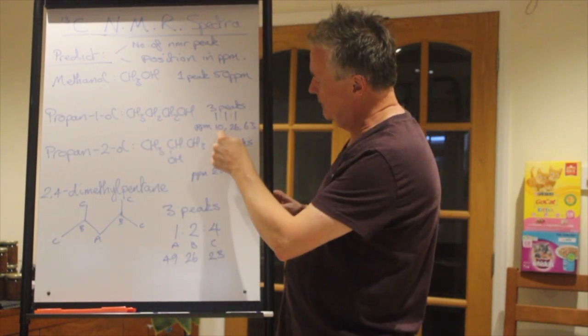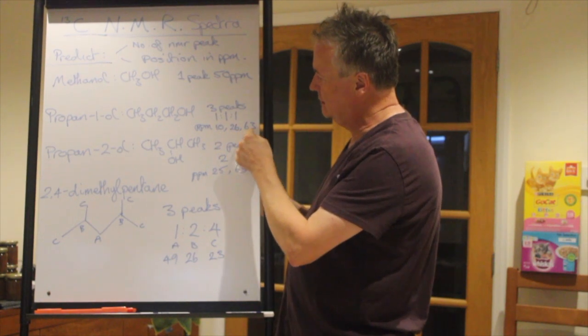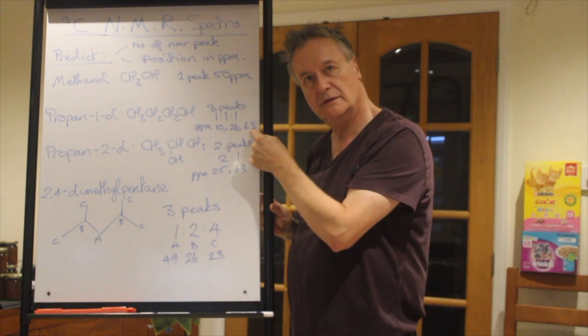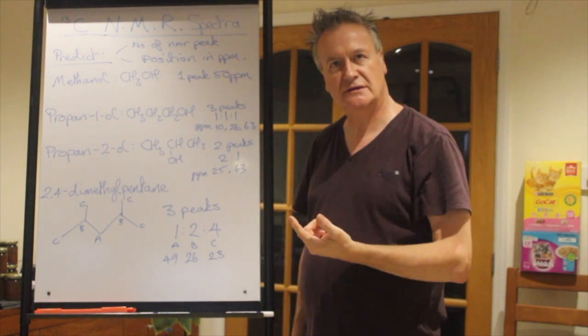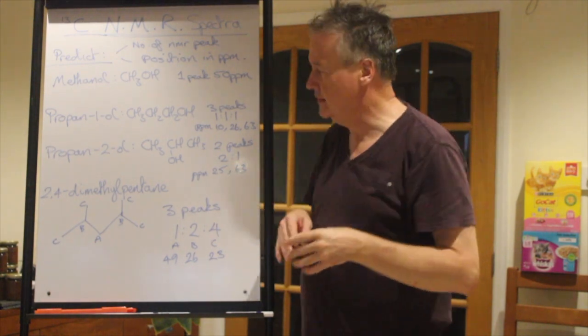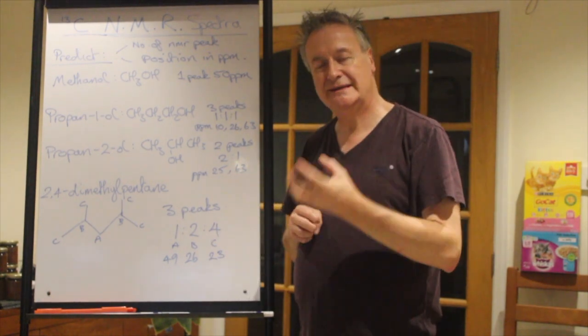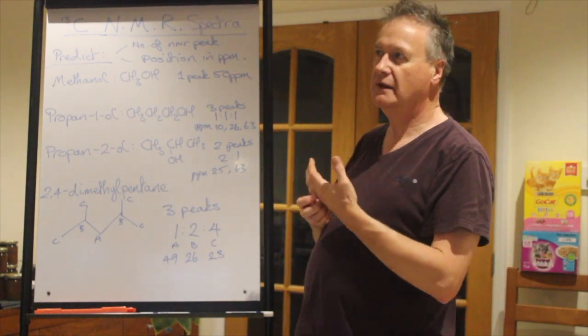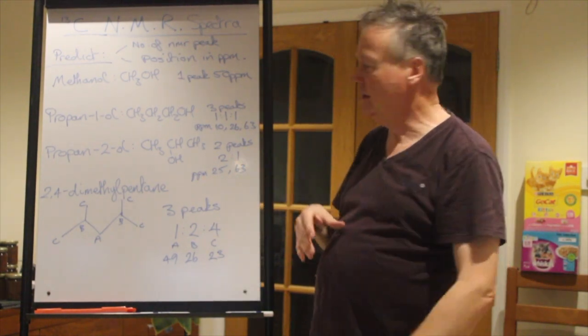And these are the ppm values, 10, 26, and then this one here with the OH is the 63. You didn't have to get 63, you just had to get it in that sort of area. If you don't get them exactly right, reflect on it. Think, okay, I need to be perhaps a little bit more lenient in my values or whatever.